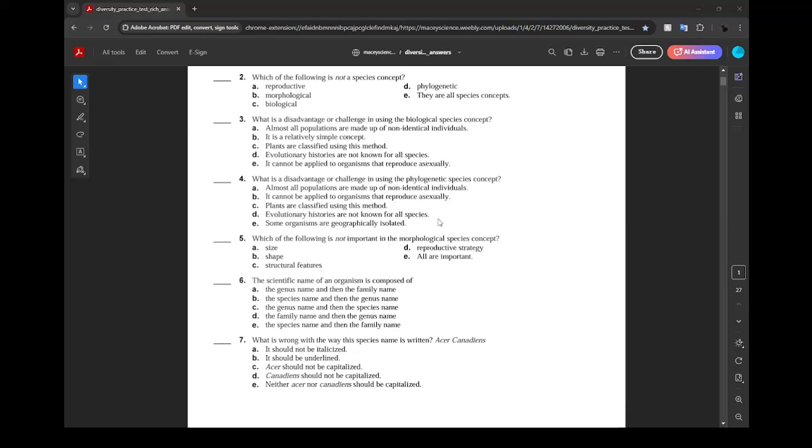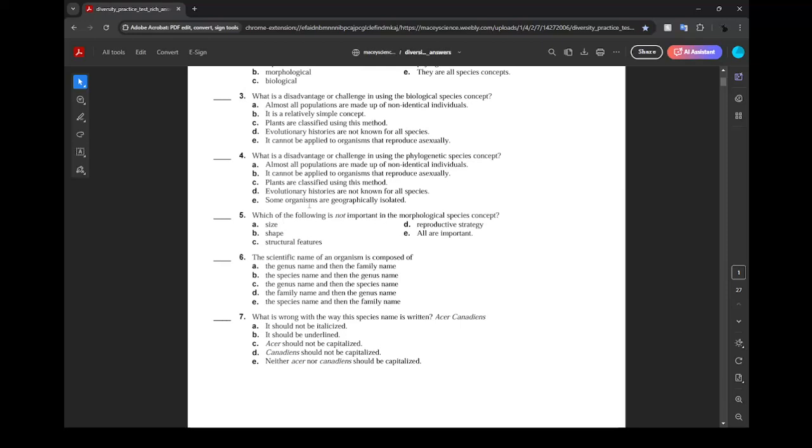So for this part we need evolutionary history. For the phylogenetic species concept, we need clear evolutionary histories. That was one of the definitions, and now we know D is for sure correct for this one.